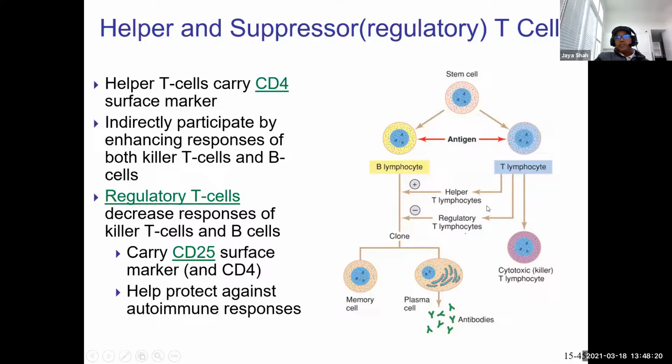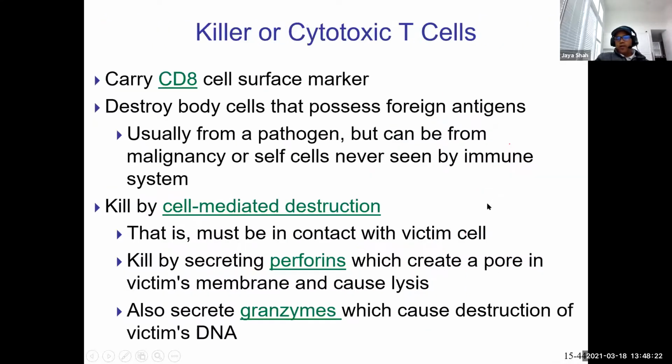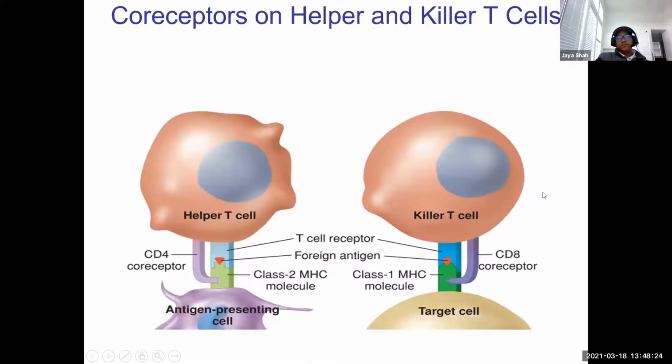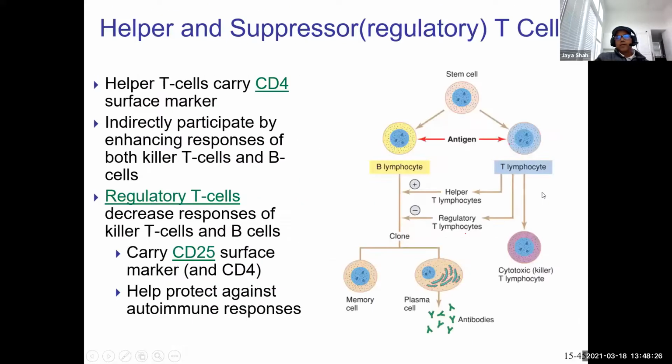Whereas helper T cell, as you saw earlier, helps T lymphocytes to transform into cytotoxic or killer T cells. What do these killer lymphocytes do?